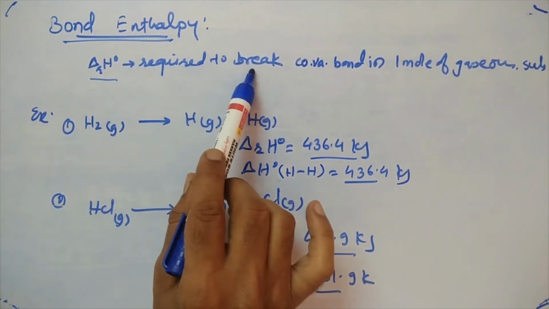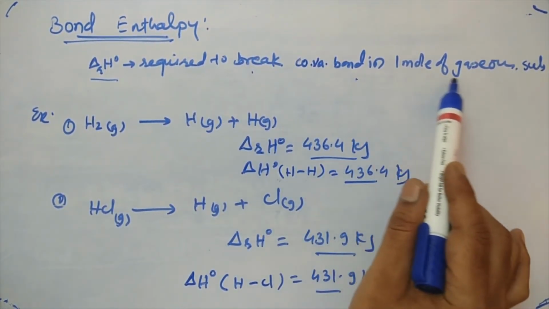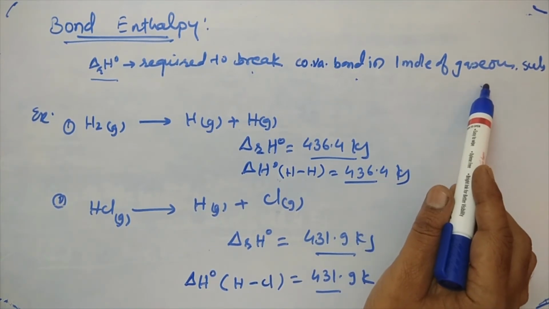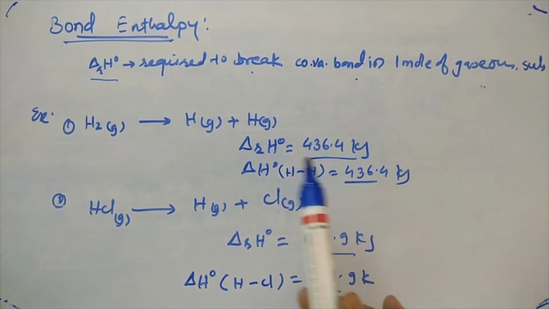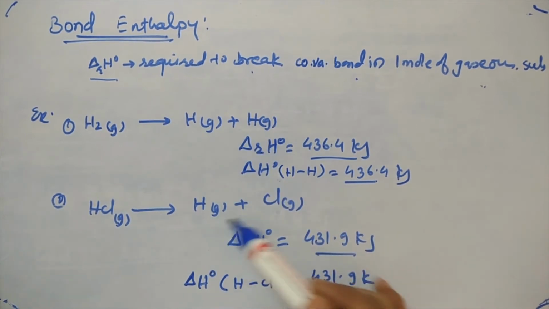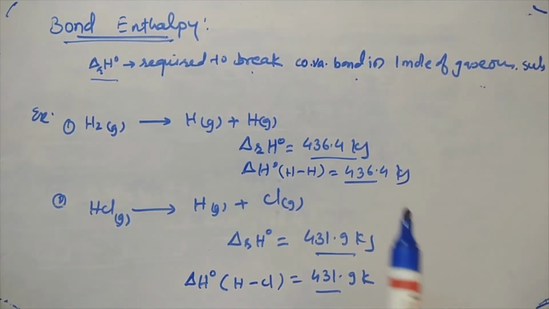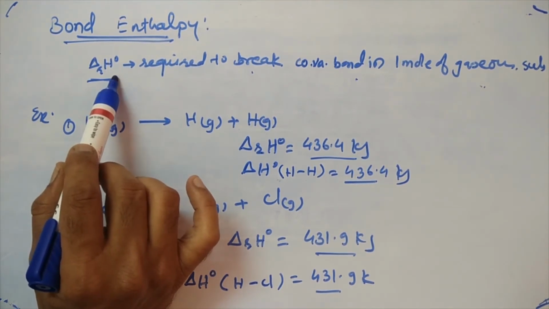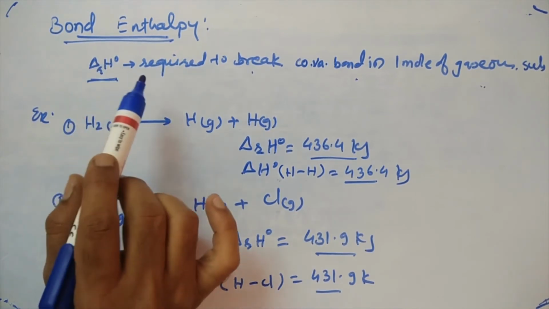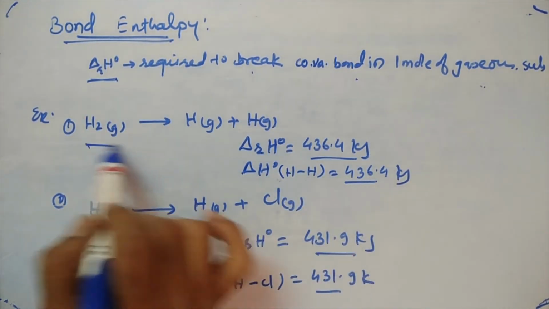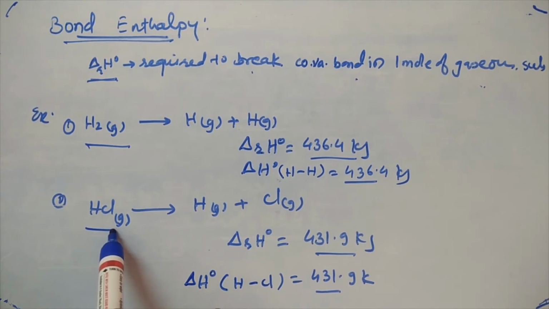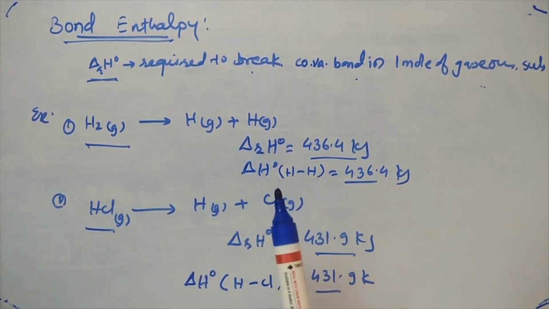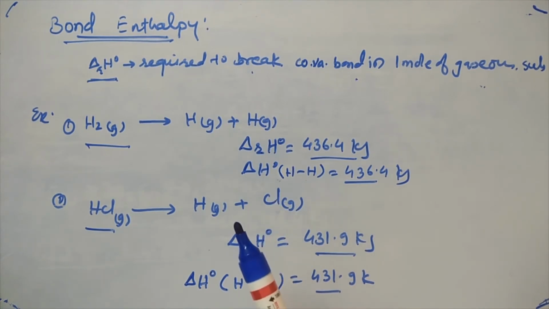So this is the definition of the bond enthalpy. Actually, it is the enthalpy change which is required to break a particular covalent bond in 1 mole of a substance or molecule to produce gaseous atoms or radicals.